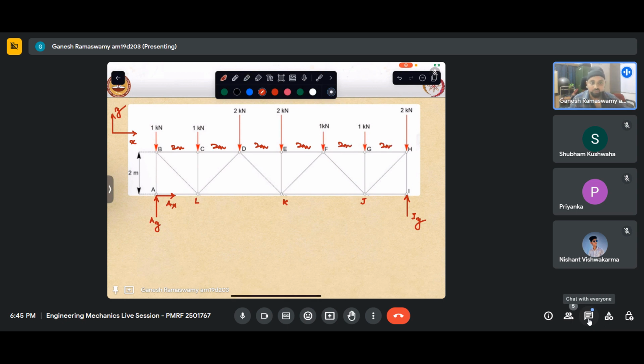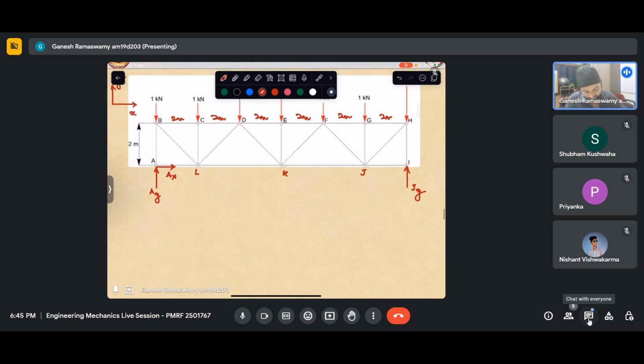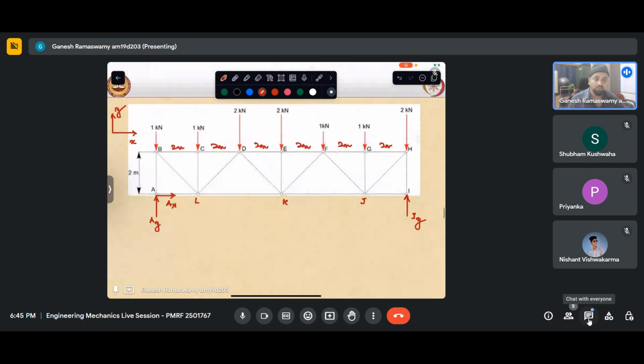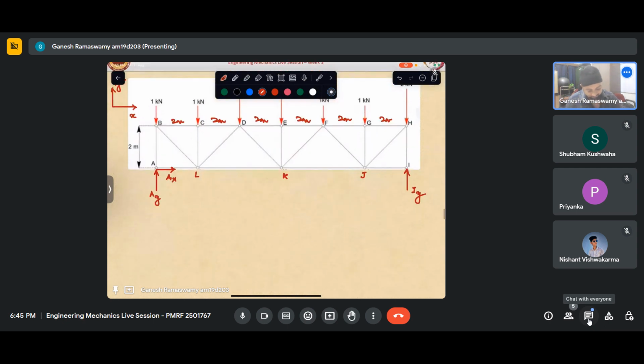Now there are two ways to go about solving this question. But first, let us get the reactions out of the way. What are the equilibrium equations available for this body as a whole? It must be clear that for the body as a whole, we have sigma Fx equaling 0, sigma Fy 0, and sigma Mz.